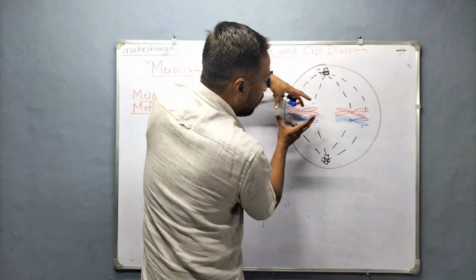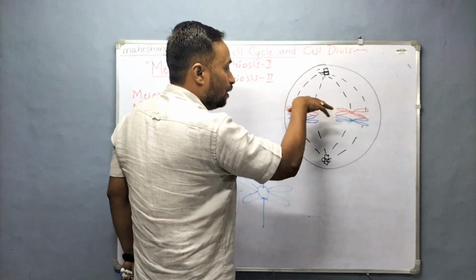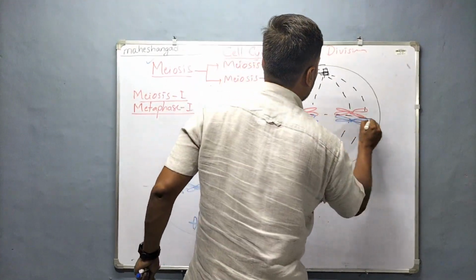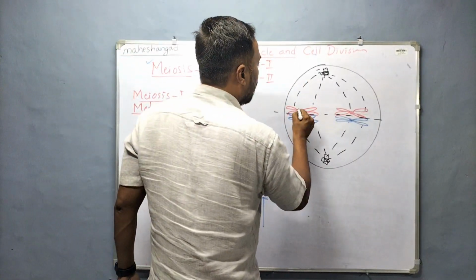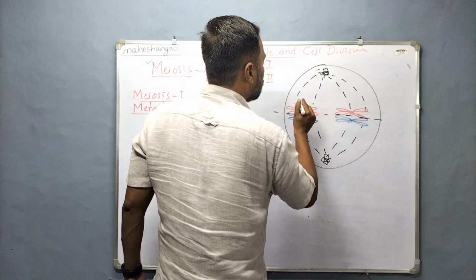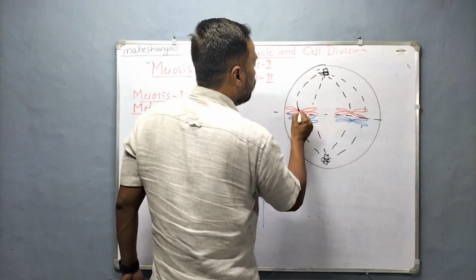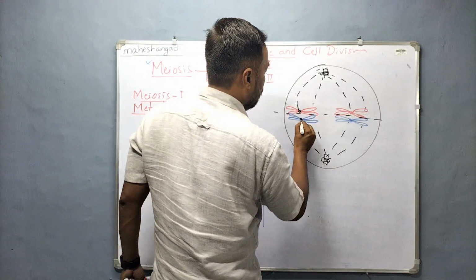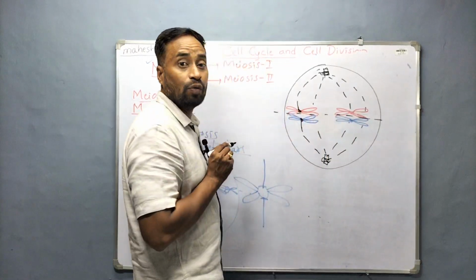Instead, a tetrad or bivalent formed by the homologous chromosomes comes on the central equatorial plate. The spindle fiber attaches to the centromere of the homologous chromosome, not to sister chromatids.